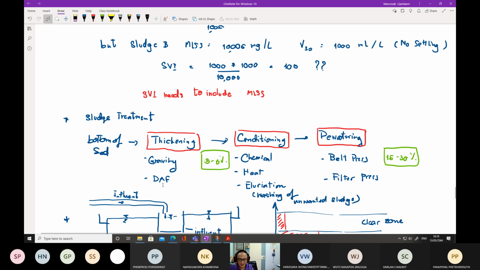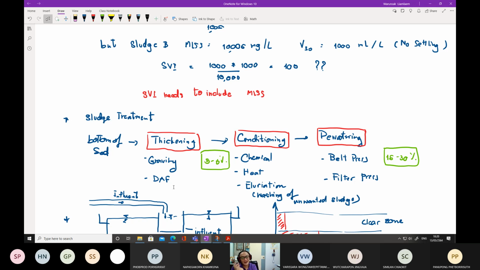DAF stands for dissolved air flotation, for sludge which has a density more or less the same as the density of water. So instead of letting it settle to the bottom of the chamber, we provide air to the sludge, so it becomes lighter and moves up to the surface. Then we can use the scum skimmer to remove all this sludge.